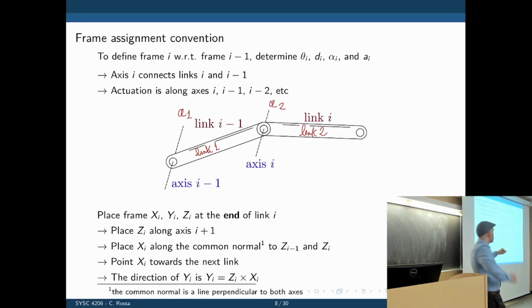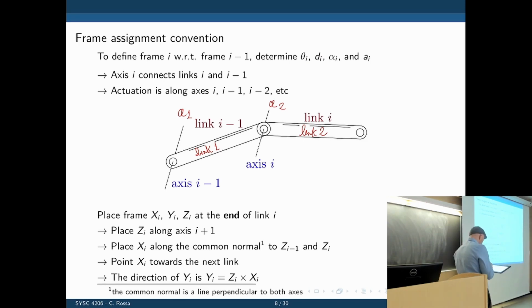So it would make sense to place the frame that describes link 2 at the tip of link 2, and the frame that describes link 1 at the tip of link 1. So we'll place a frame for link i at the end of link i, so we know where its tip is in space, and then we know where the next one will be later. So frame i goes at the end of link i.